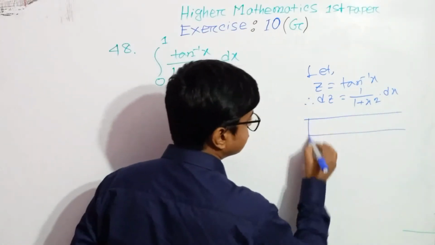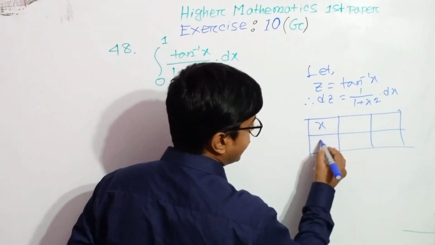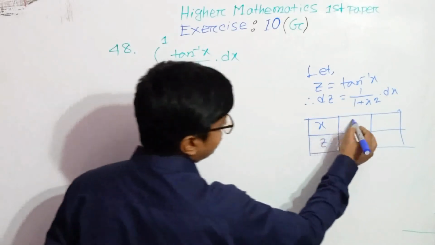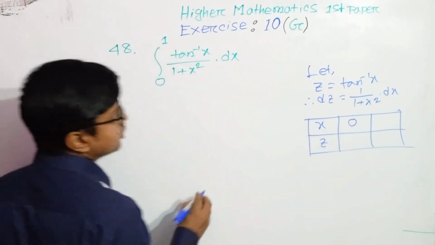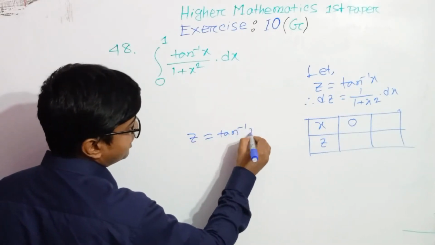And here x and z. When x equals 0, then z will be, here z is tan inverse x.